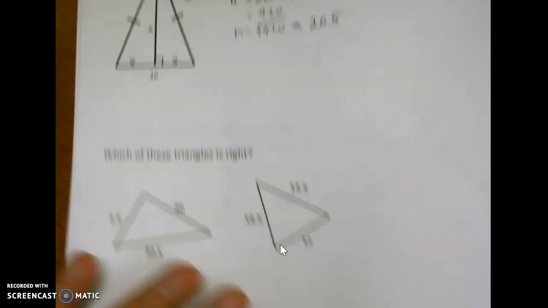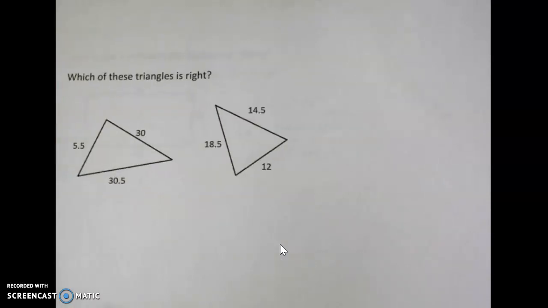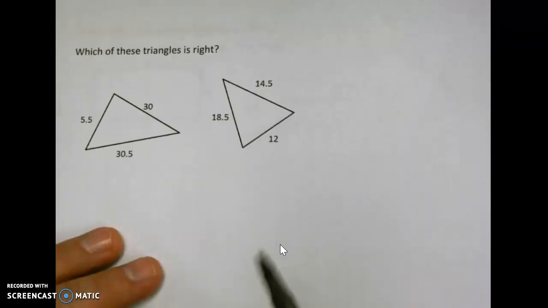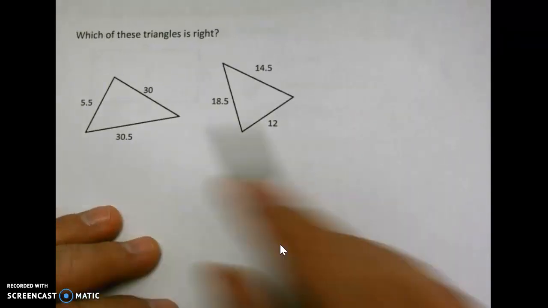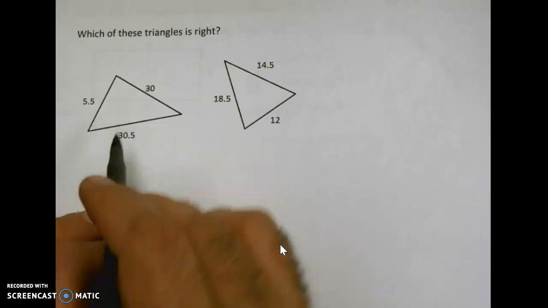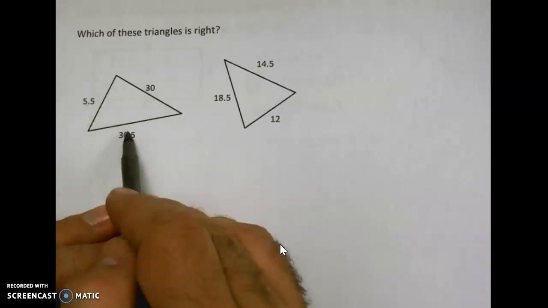Our last little application of the Pythagorean theorem is a slightly new one because I don't think you would have seen this in middle school. It says which of these triangles is right. So what we need to do here is label them in least to greatest. Looking at this, I see 5.5, 30, and 30.5.